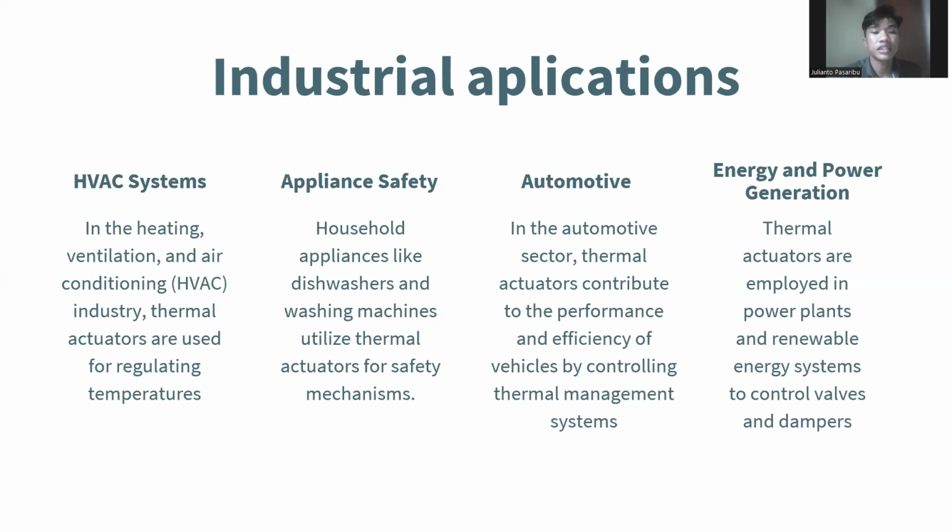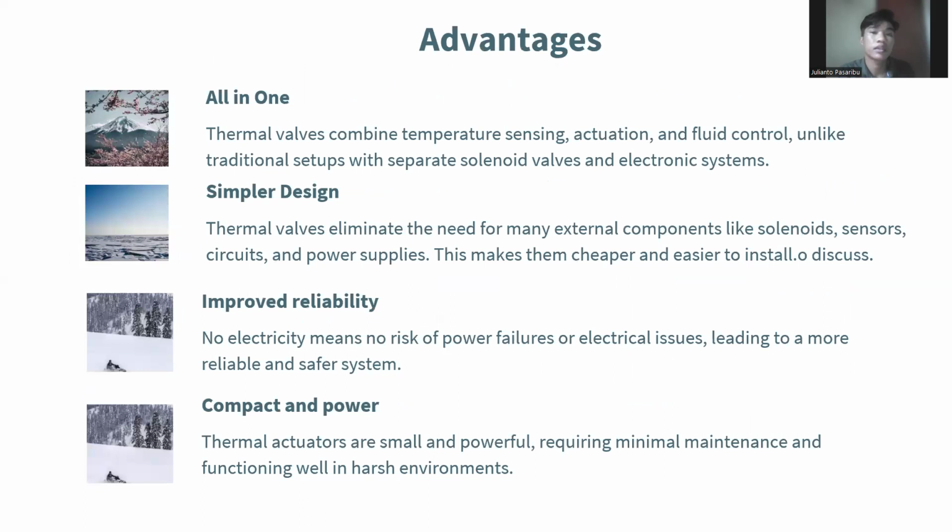In appliance safety, household appliances like dishwashers and washing machines use thermal actuators for safety mechanisms. Number three, automotive. In the automotive sector, thermal actuators contribute to the performance and efficiency of vehicles by controlling thermal management systems. And the last, energy and power generation. Thermal actuators are employed in power plants and renewable energy systems to control valves and dampers.